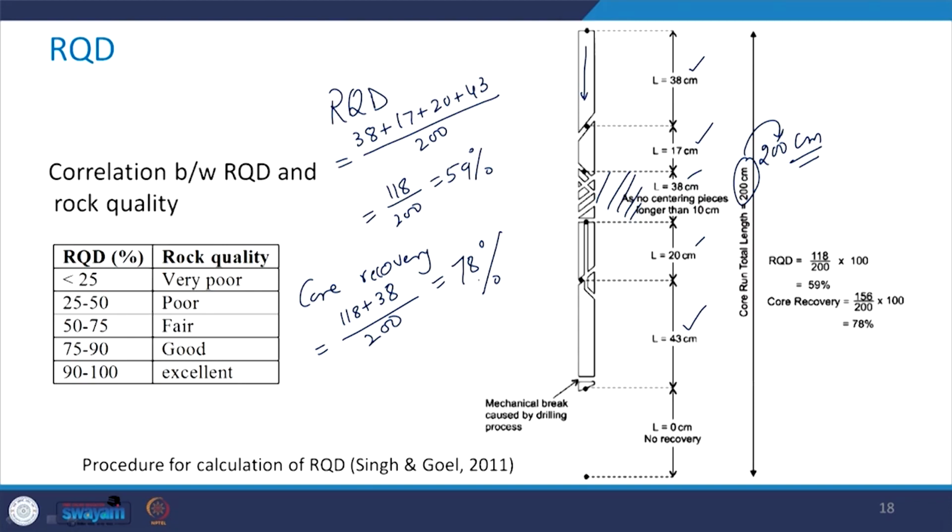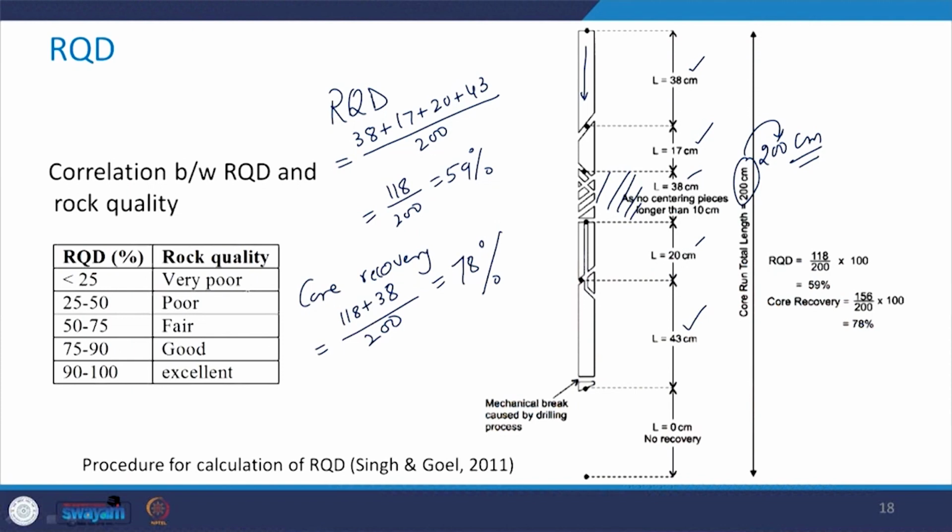Remember that RQD can never be more than core recovery. Core recovery will always be more than RQD, or at the maximum RQD can become equal to core recovery, which is the ideal case.